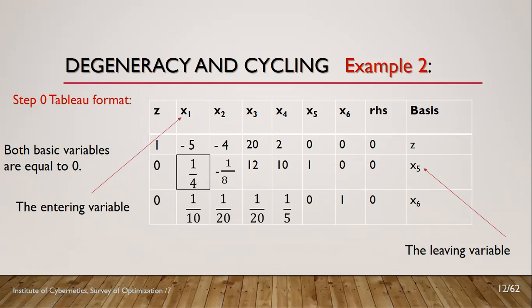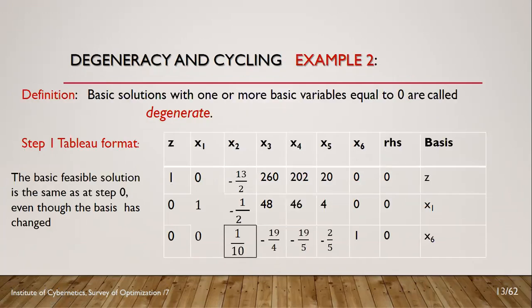What do we have then? By using the rules, x sub 1 enters, but the right-hand side doesn't change. It remains 0. So the basic feasible solution is the same as at step 0, even though the basis has changed.